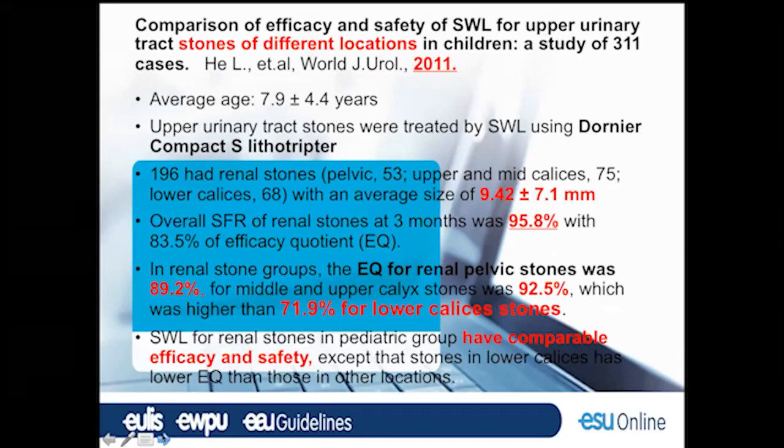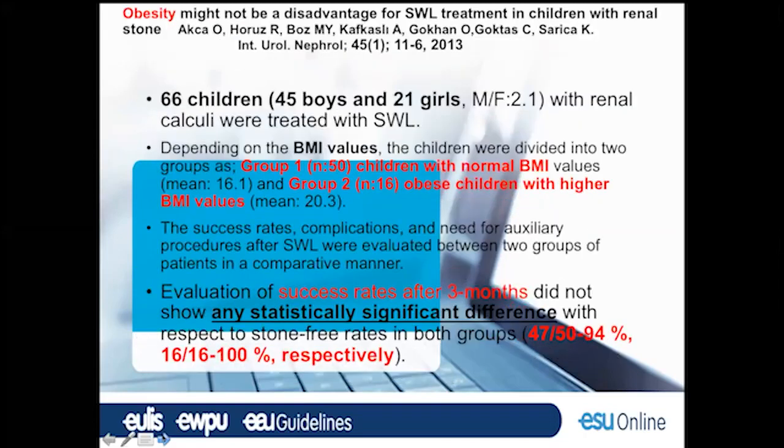Again, this study focuses on stones of different locations in kids, and when we evaluate the lower pole stones, comparing with the renal pelvic stones and the other calyceal stones, 72% of the kids were stone-free after shock wave lithotripsy.